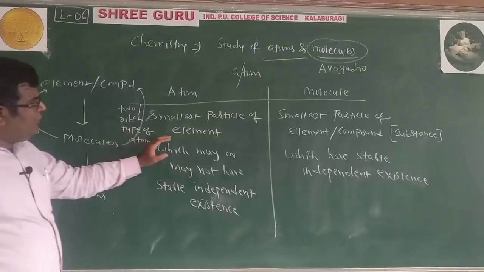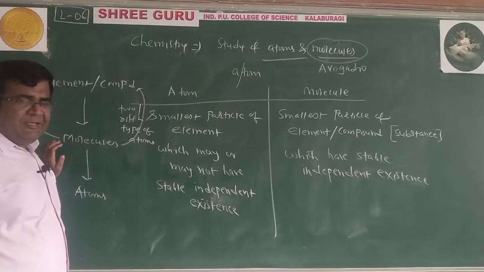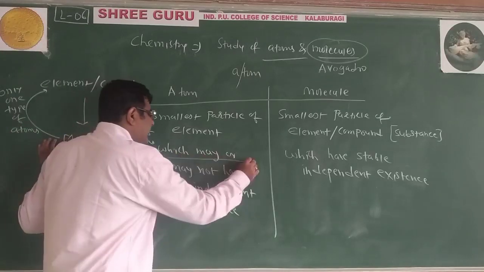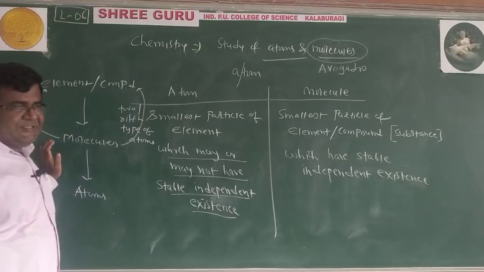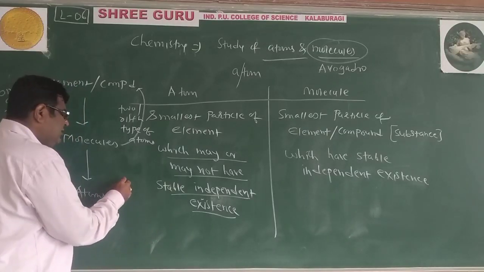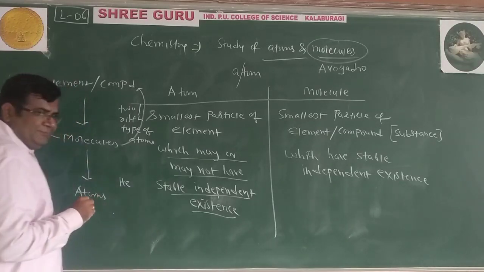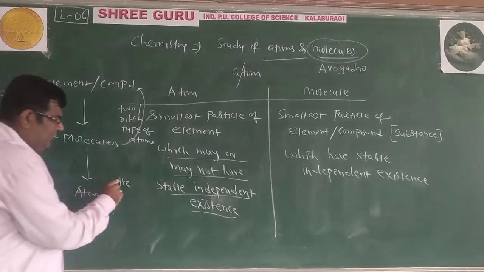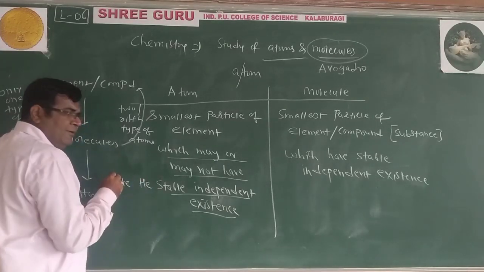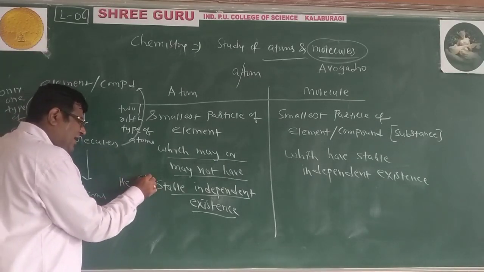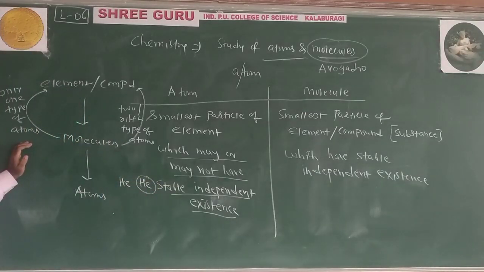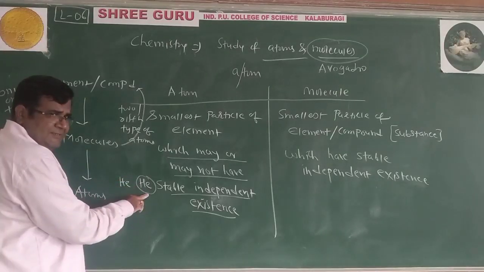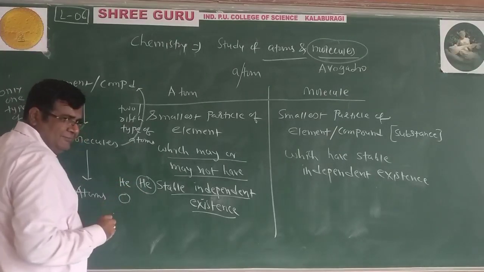Now we'll go again to this part. Smallest particle of element which may or may not have stable or independent existence. If we consider the noble gases like helium, its atom exists. So this is the atom of helium as well as the molecule of helium, because it has stable existence. But look at oxygen.